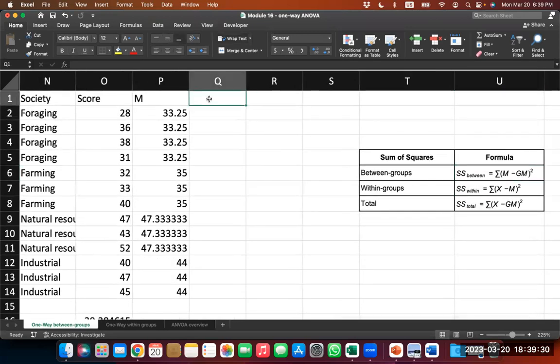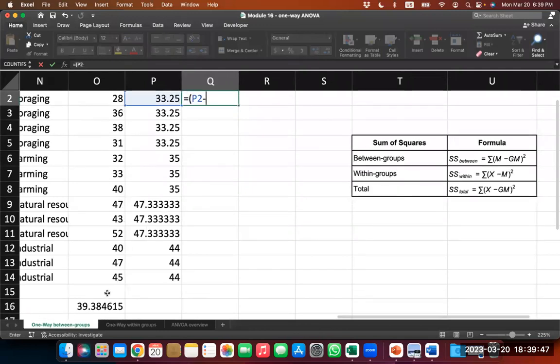So we're doing now m minus gm, squared. That gets us the between groups sum of squares. So this is the m, bracket, minus the gm, locked in obviously, squared.